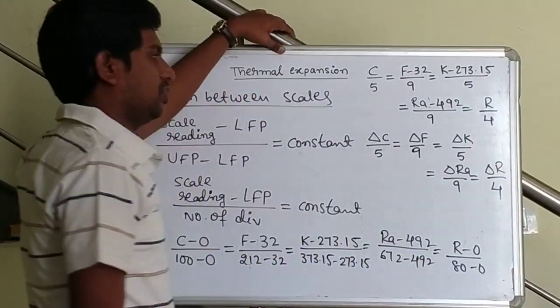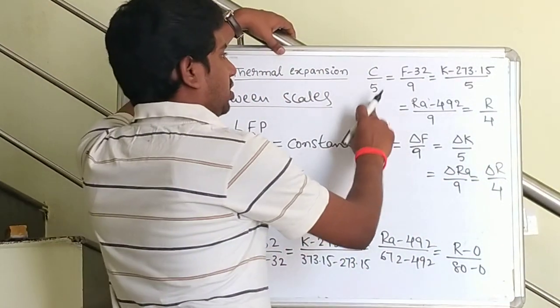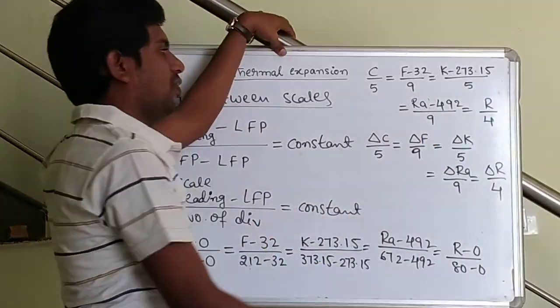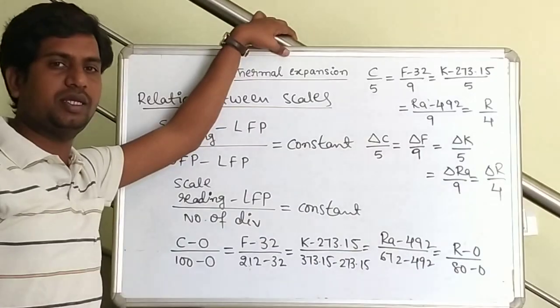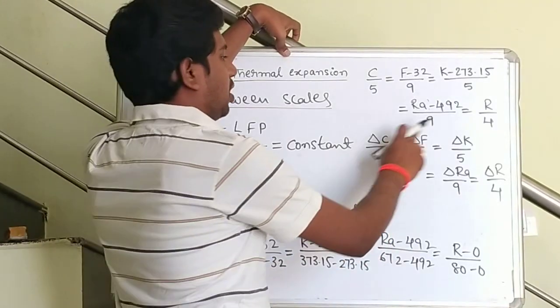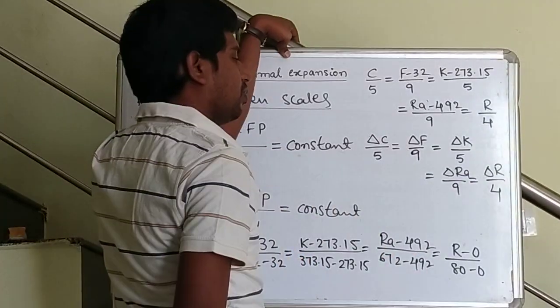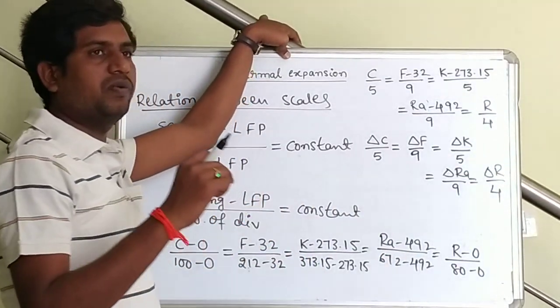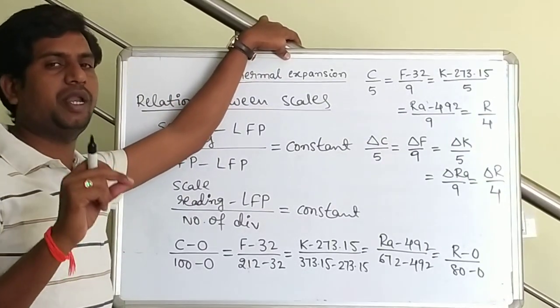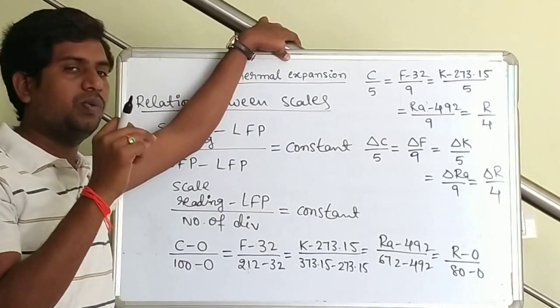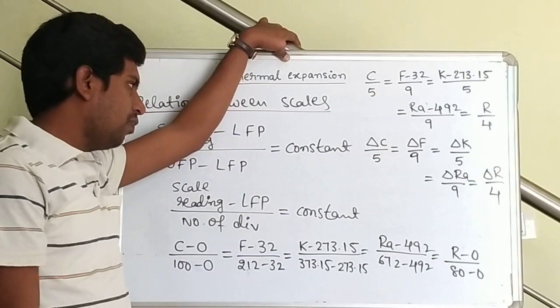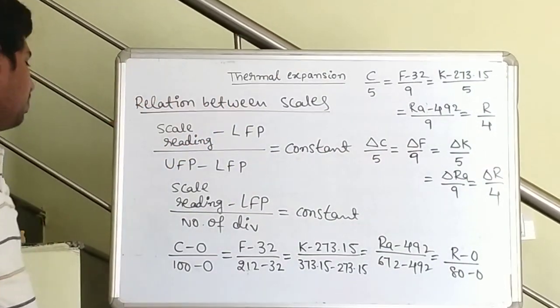So this is the relation. Using this relation, you can convert the value of temperature from one scale to another scale, and using this relation we can also convert the change in temperature from one scale to another scale.